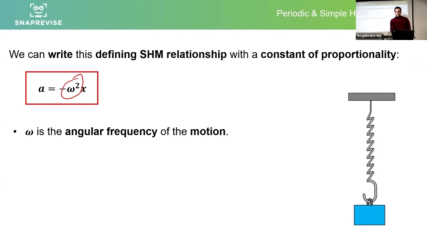And that is because omega will turn out to be our good old friend, angular frequency. Now you might at this stage say, James, look, I thought omega was angular speed. And you're right. In the context of circles, it is angular speed. In simple harmonic motion, we instead call it angular frequency.